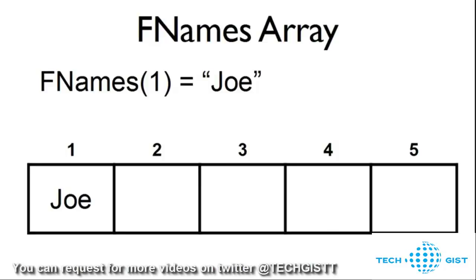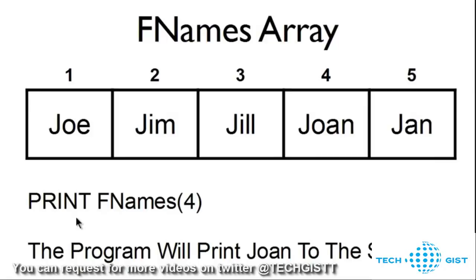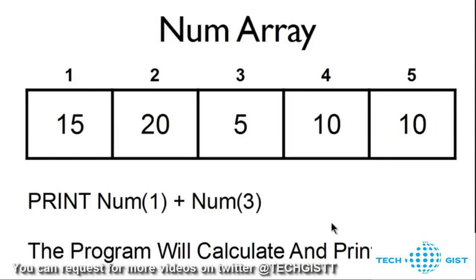So if we have fnames(1) equals Joe, this is the first placeholder, so Joe goes into the first placeholder, as you see here. Here the array is filled up with names, and if we put in the command print fnames(4), the computer will go to the 4th place within the array, pick out a Joan, and Joan will be printed to the screen. In this example, we have an array called num.